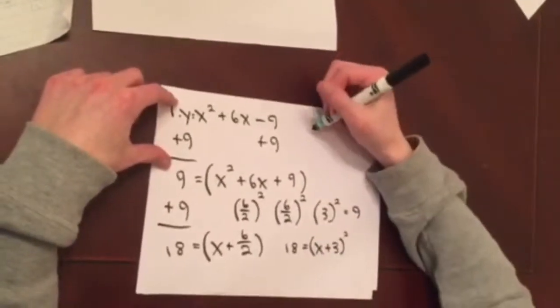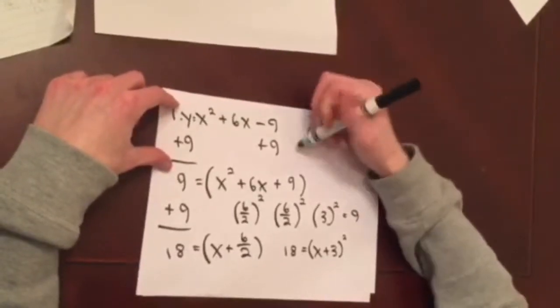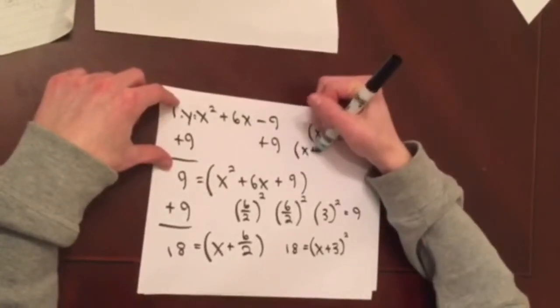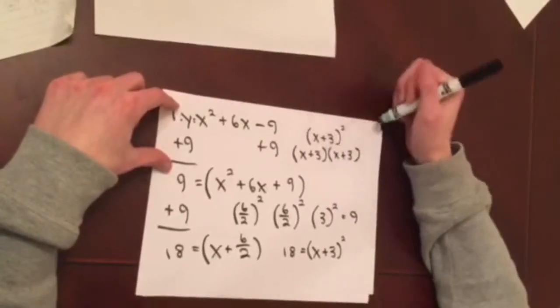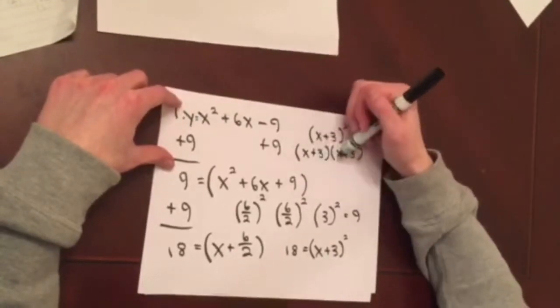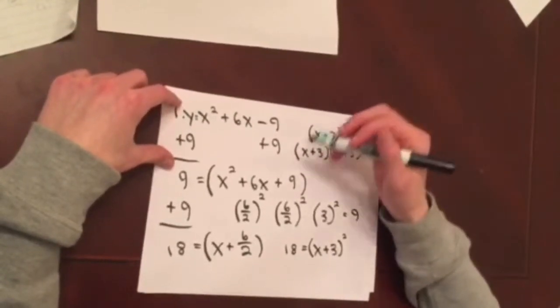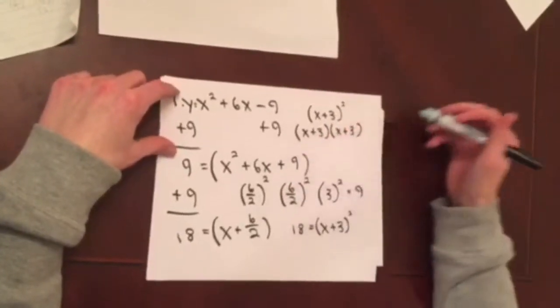If you don't believe me, we can prove it. X plus 3 squared is x plus 3 times x plus 3. FOIL method, x squared, 3x, 9. So then we end up getting x squared plus 6x plus 9.